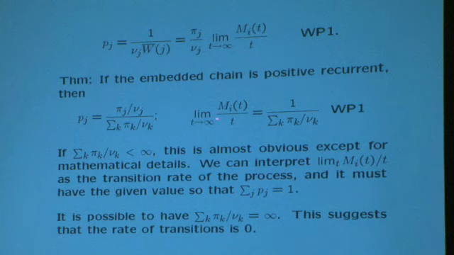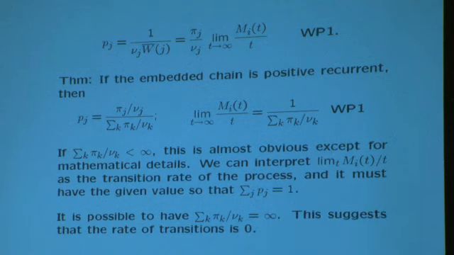And we're saying here that this normalization factor has to be equal to 1 over the sum of pi k over nu k. Okay, in other words, if the p sub j's add to 1, then the only value this can have is 1 over the sum of pi k over nu sub k.